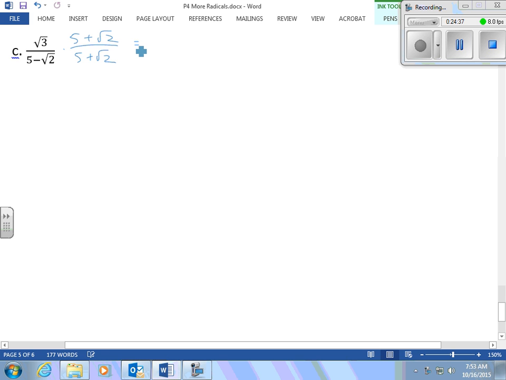So now in my numerator, I've got root 3 times 5 plus root 2. And in my denominator, I've got a squared, so it'll be 25 minus b squared, so minus root 2 squared.